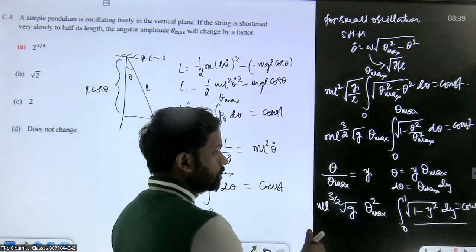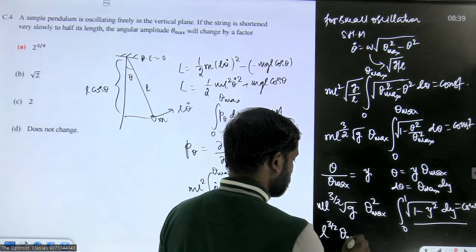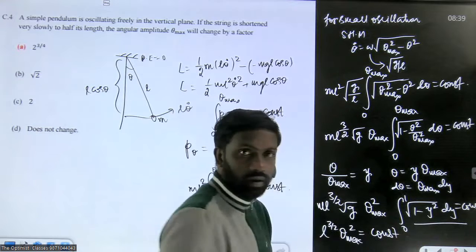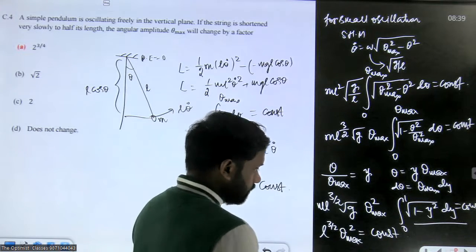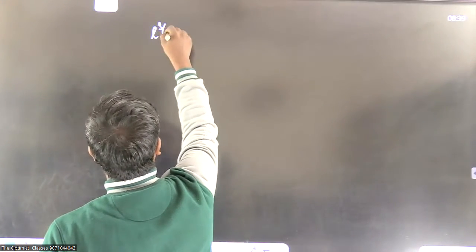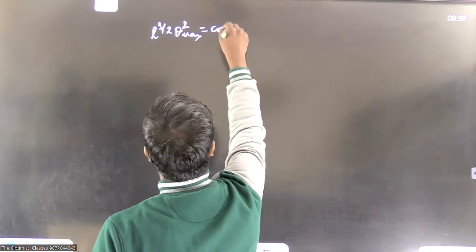Therefore L to the power 3 by 2 and theta max square is constant here. So we have L to the power 3 by 2 and theta max square is equal to constant. Other terms are constant actually.